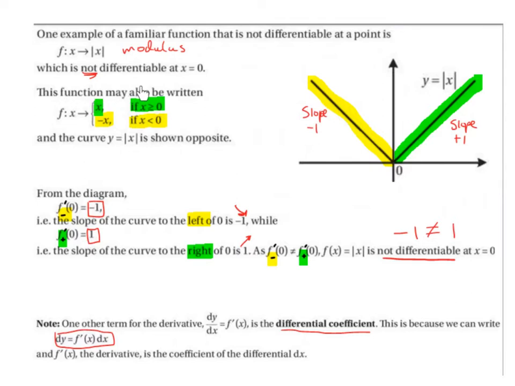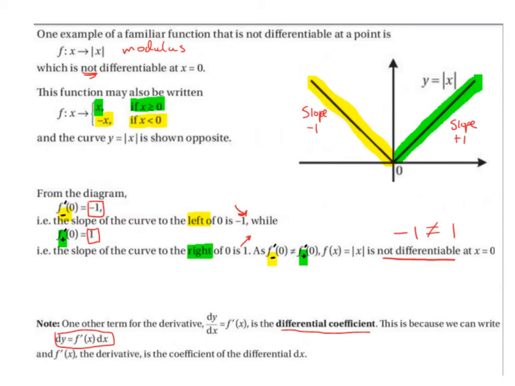This function may also be written f of x maps to x if x is greater or equal to 0, and minus x if x is less than 0. And the curve y equals the modulus of x is shown opposite.